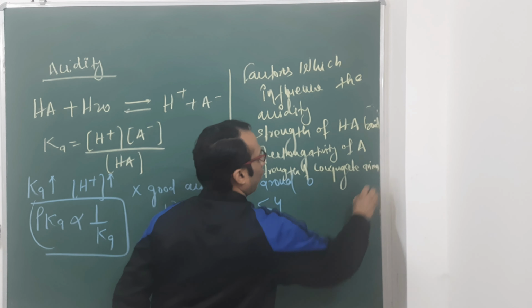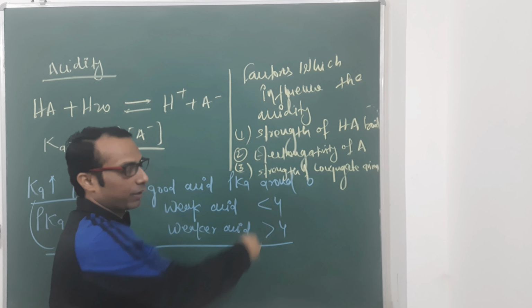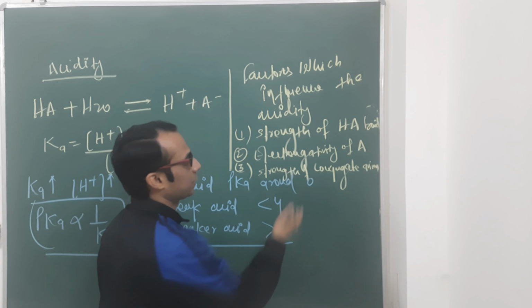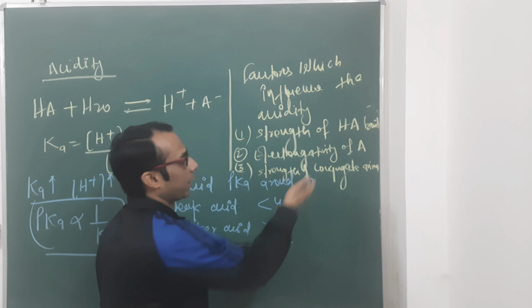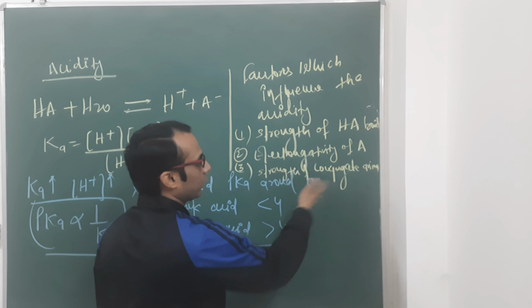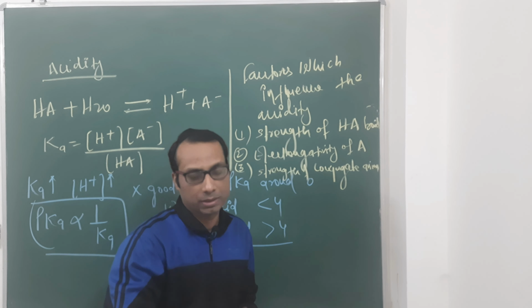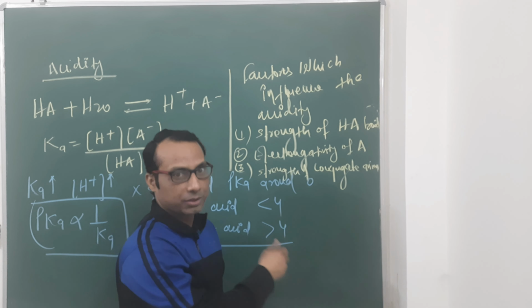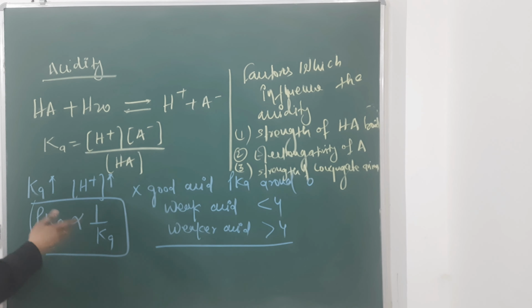Correct? One by one we understand all these three factors: how acidic strength depends on the strength of HA, how acidic strength depends on electronegativity, and how conjugate anions decide acidic strength. So one by one we understand all three factors. Just write down, note down these things. Okay? Now we understand here.